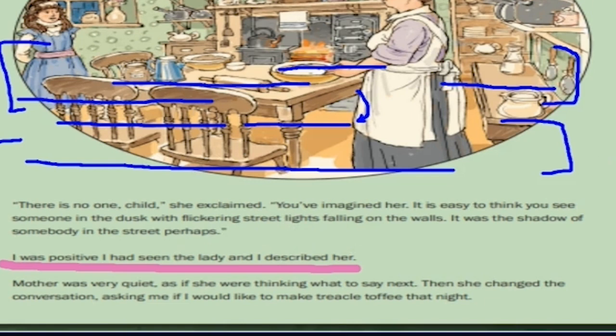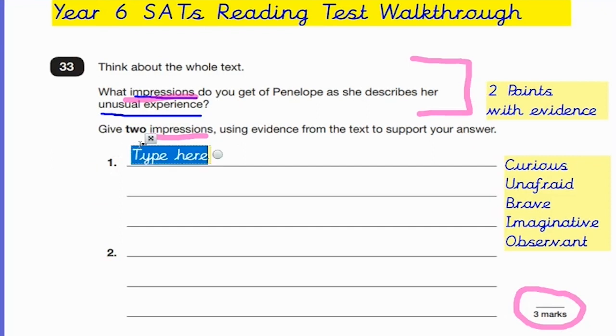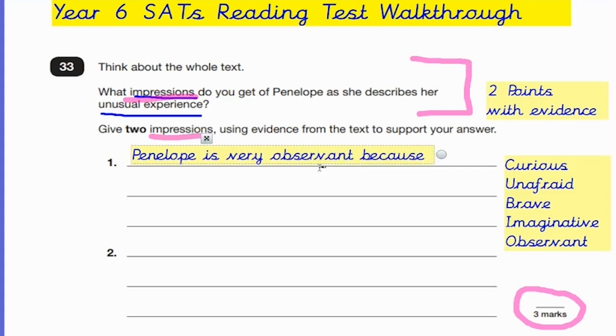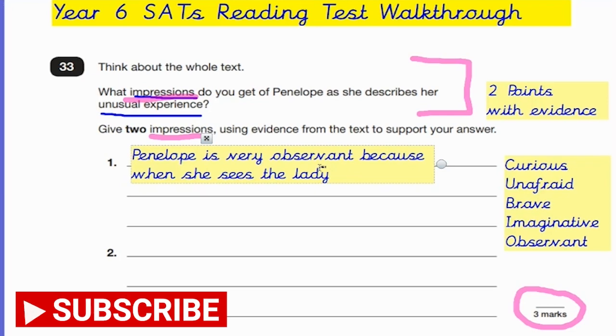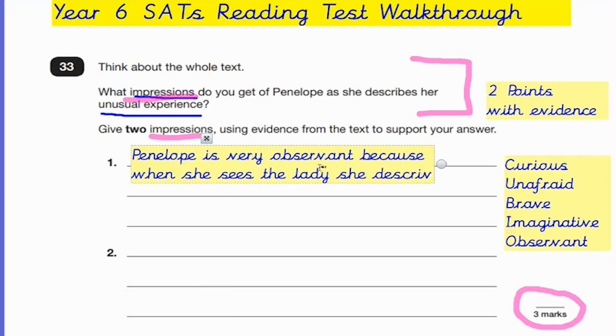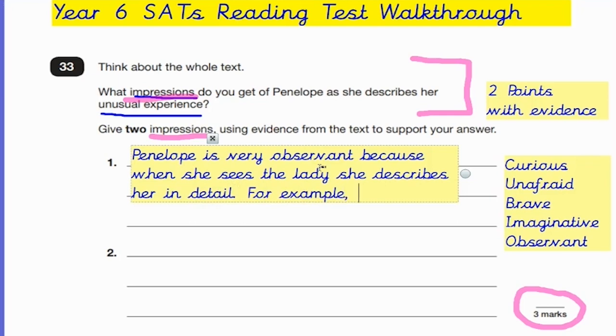So let's see what we can write for our answer. The first impression, we can say that Penelope is very observant because when she sees the lady, she describes her in detail. All right, so that's our kind of point, but we need to add evidence. So, for example, this is where we're going to get that evidence from the text.